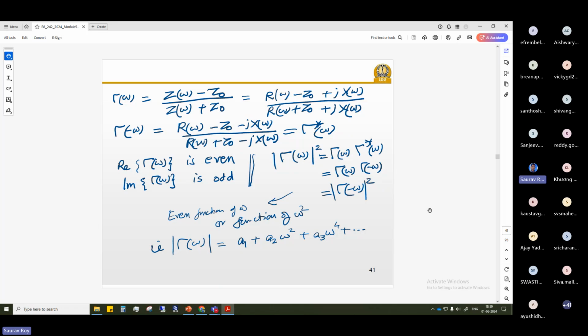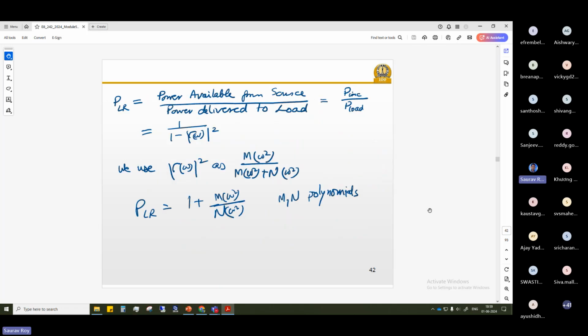Now why is it important? This PLR is called the loss ratio. In the Pozar book, they call it the loss ratio. You can also call it insertion loss; it's similar.